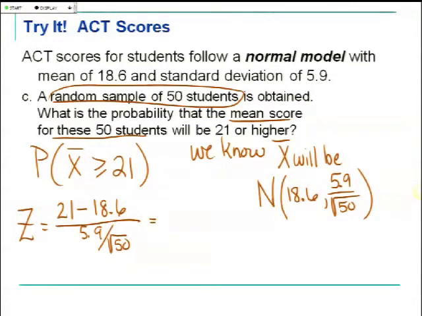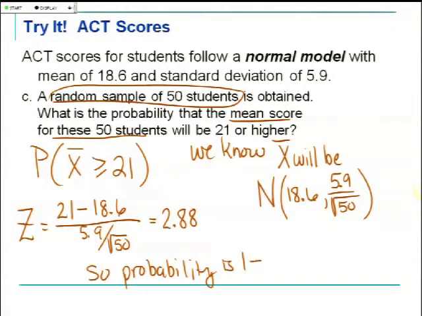You get a new z-score here. Now the z-score is 2.88. And now the process is the same as you did in part A. You're under a standard normal. You want the area to the right of this 2.88. So what will that probability be? If you look up 2.88, you'd have to do a 1 minus.